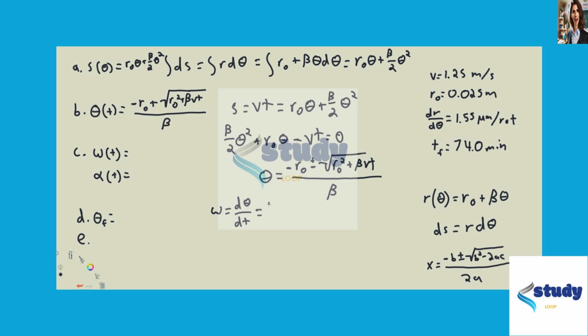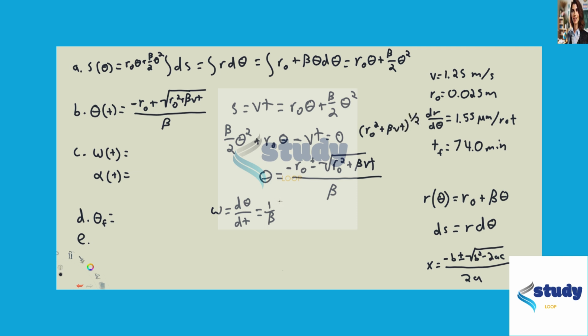First, I'm going to take this constant out in front, 1 over beta. And now I'll use the chain rule. The square root is equal to taking the 1/2 exponent of the same thing, so I'm going to write that down: r naught squared plus beta vt to the 1/2.